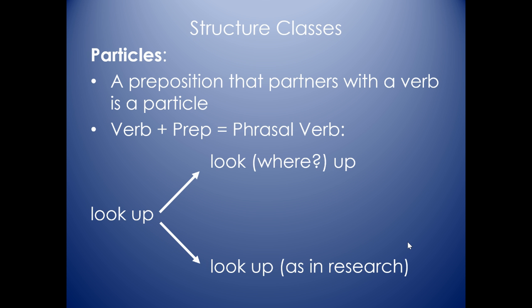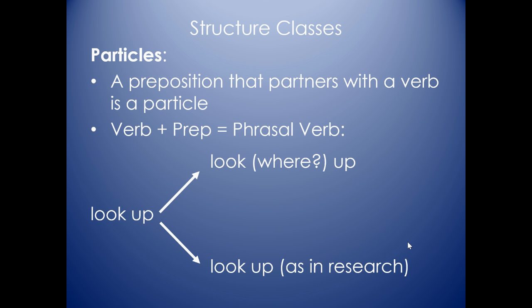But if I want to say look up as one big verb, as a phrasal verb, maybe I mean research, like look up online, research online. So sometimes the particle up is going to partner up with that verb and create a phrasal verb. So that preposition turns into a particle, and now it becomes a phrasal verb. And then sometimes that preposition's just kind of hanging out by itself, and it's just a plain old adverb.